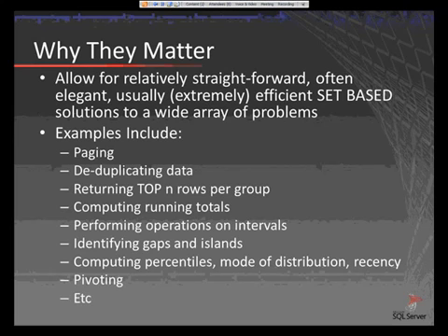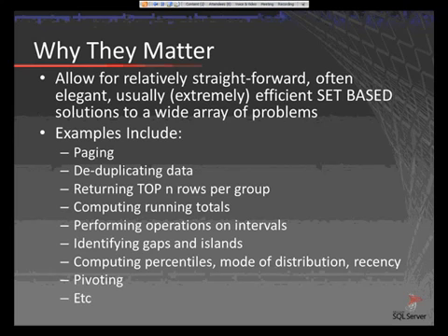The reason they're important is they're set-based and usually very, very efficient at doing solutions for problems that heretofore were extremely inefficient, possibly not even possible to do in T-SQL, or which required something like a cursor to be most efficient.